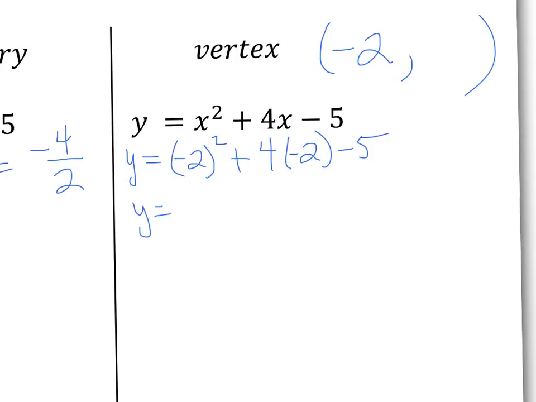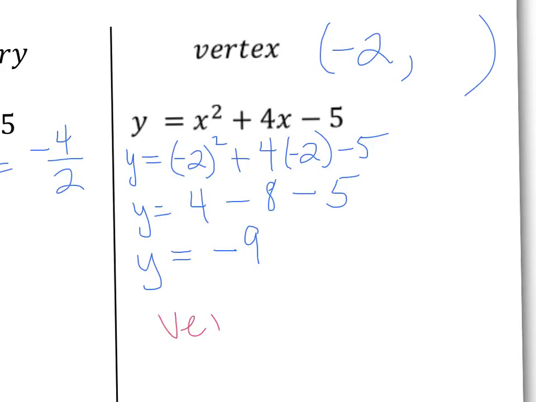So that gives me y equals 4 minus 8 minus 5. So my y value of my vertex is minus 9. So then my vertex is negative 2, negative 9.